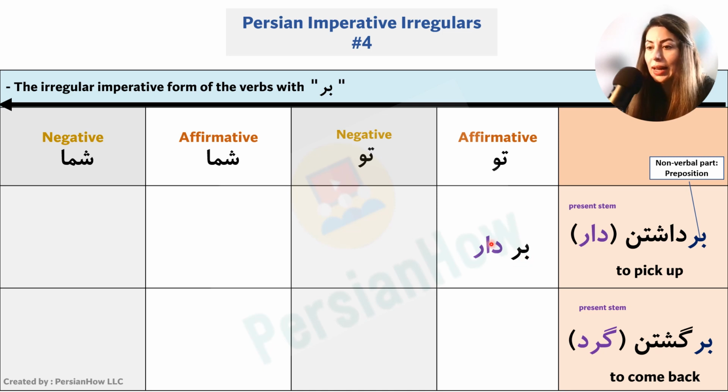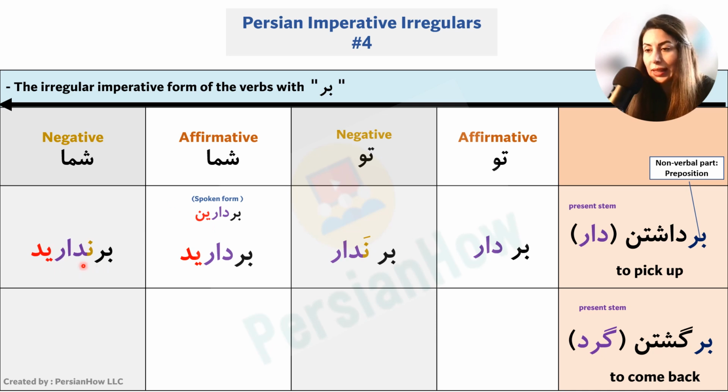We say bardar. So bardar, barnadar, bardarid, which the spoken form is bardarin, and then barnadarid, which the spoken form is barnadarin. Or the second one, bargashtan. Again, bar is the non-verbal part and is a preposition. So gashtan is the verb, the verbal part.